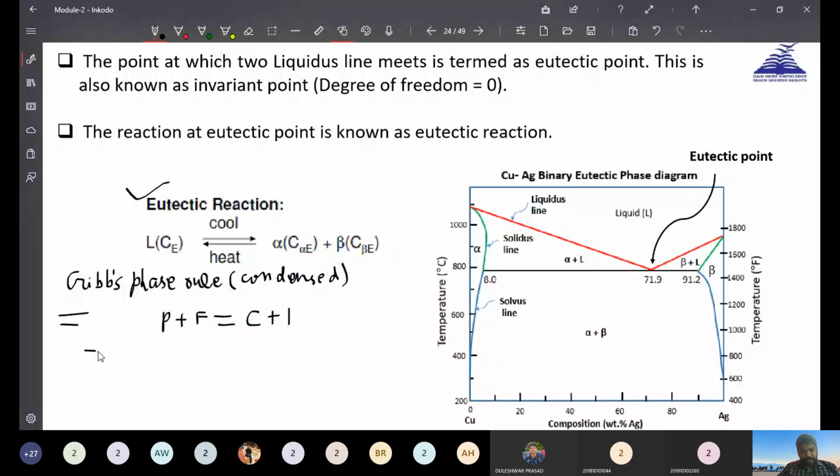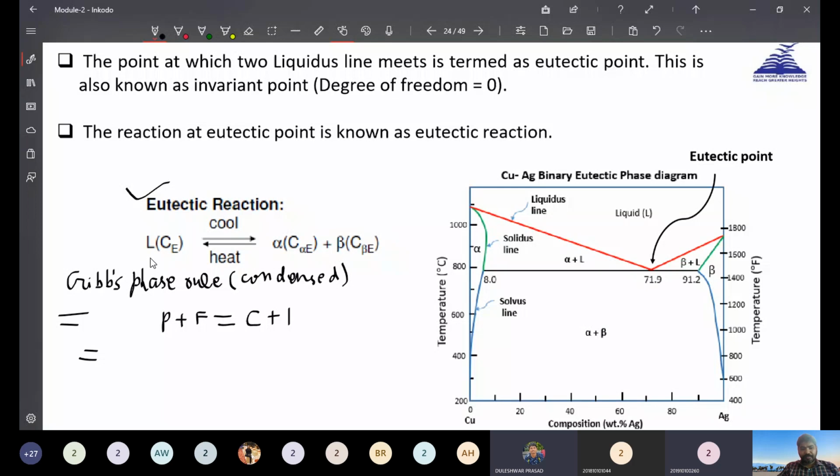Now here, how many phases are present? If this transformation is happening, how many phases are present?